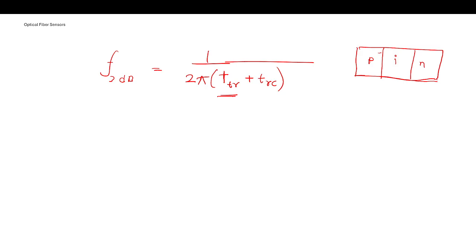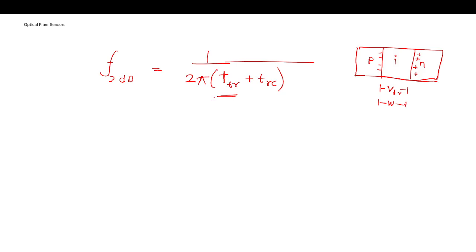So there you can see it will have negative charge, it will have positive charge, and this is the drift region where the electrons and holes are both drifting with velocity of V drift, and the width is approximately W.